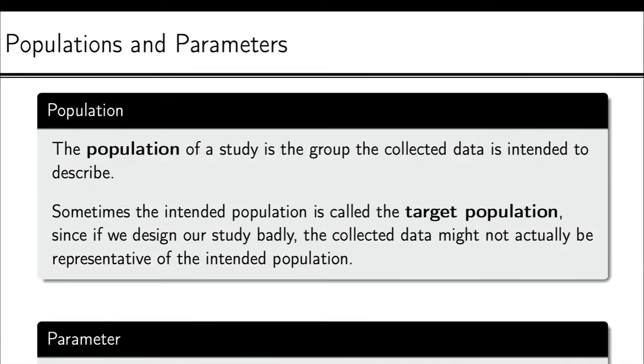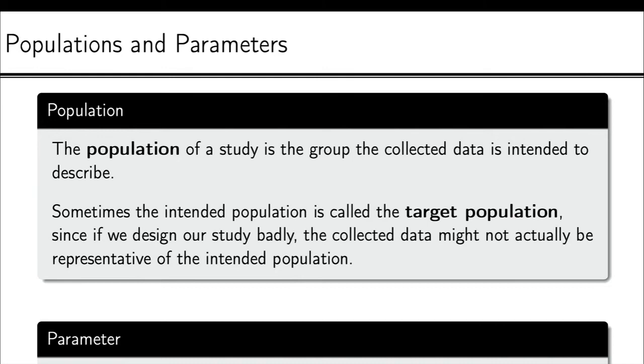Let's look at some fundamental basic definitions. The first is population. The population of a study is the group that the collected data is intended to describe. So if I want to describe the typical college student, and I'm going to do a survey of college students in my area, then the population is all college students, even though I'm obviously not talking to every college student.